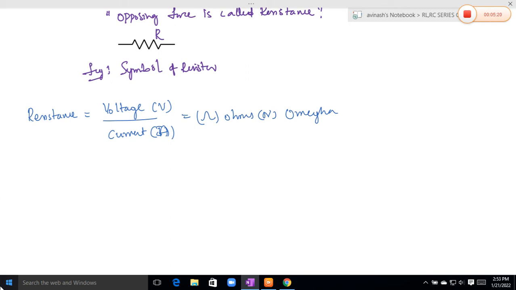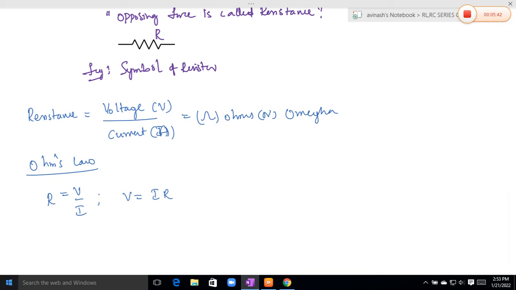According to Ohm's law, the relation between the voltage and current for resistance is given by R is equal to V upon I, or simply V is equal to I into R.